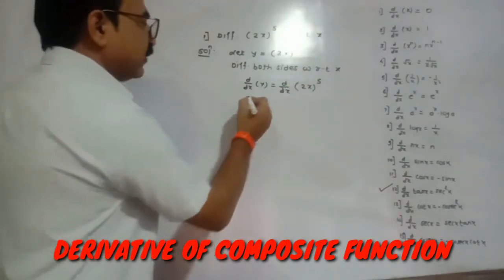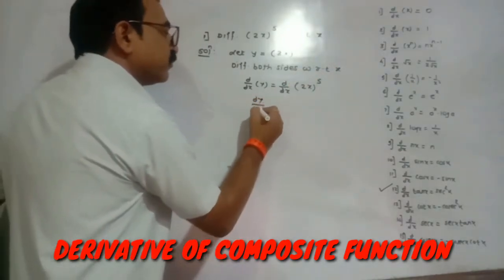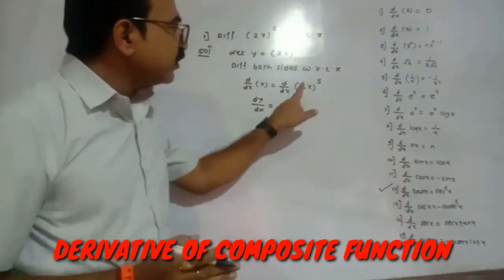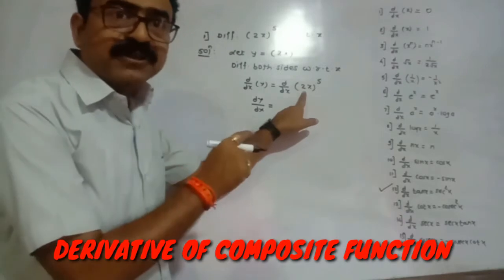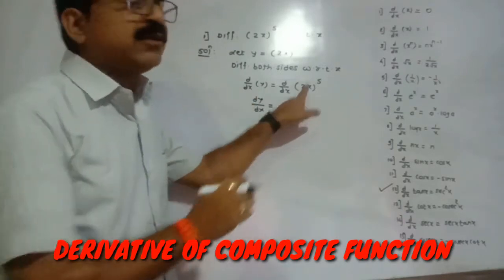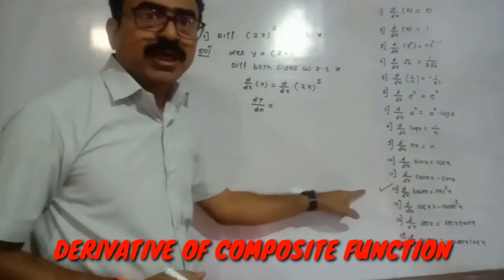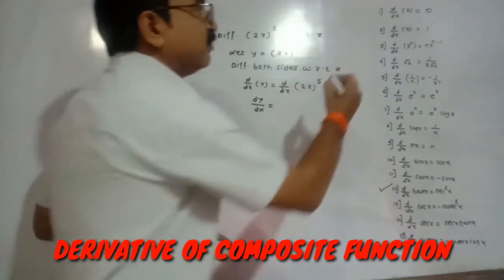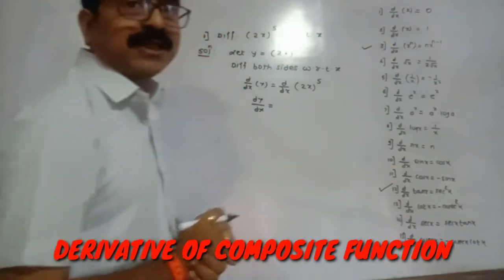Okay? After that, now we want to see this function, means given function is matched with which formula. Okay? So friend, this 2x raised to power 5 is matched with x raised to power n.